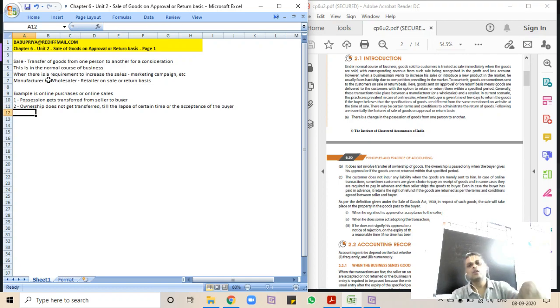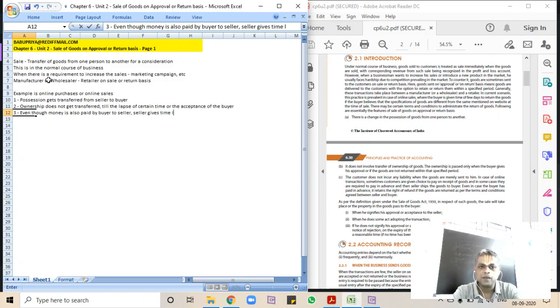Till that time the ownership does not get transferred, even though, this is one example, money is also paid by the buyer to the seller. The seller gives a time limit for the buyer to return the goods, right? This we normally see when we do some online transactions.